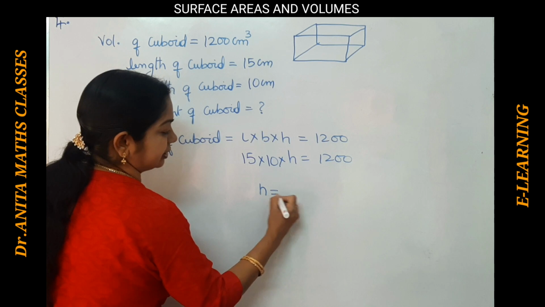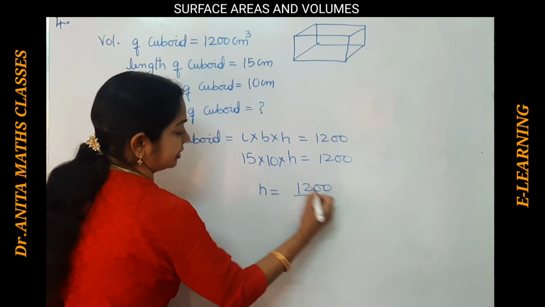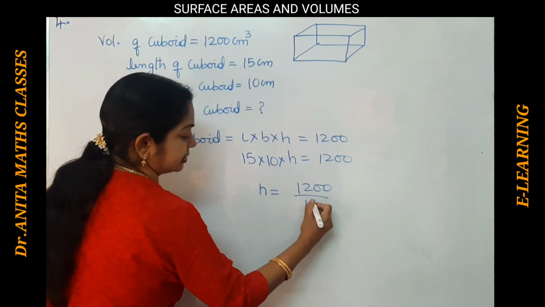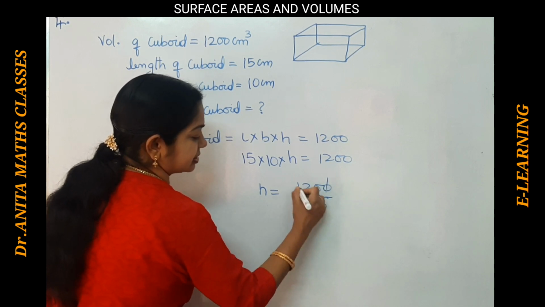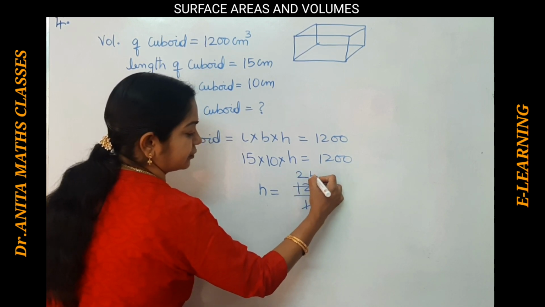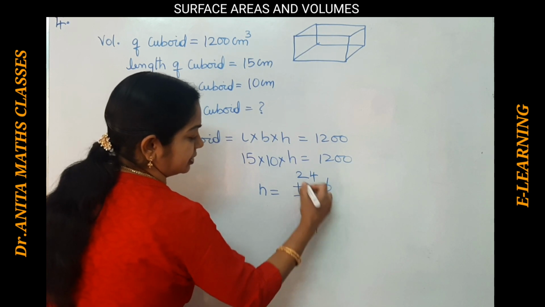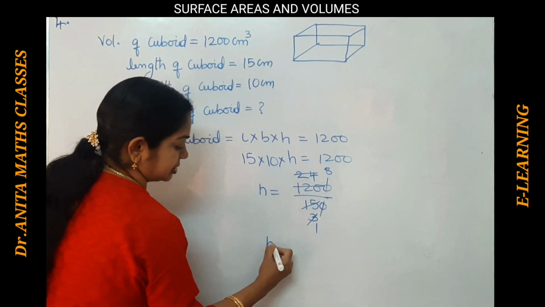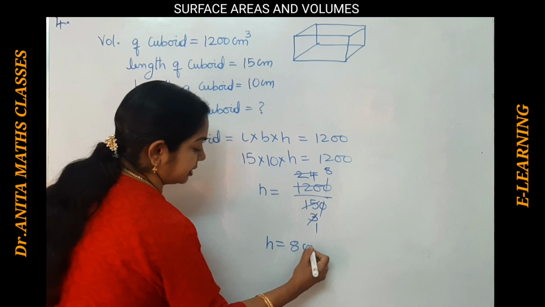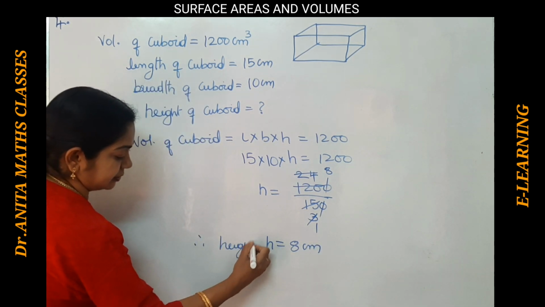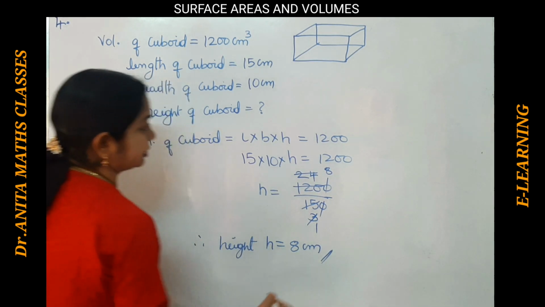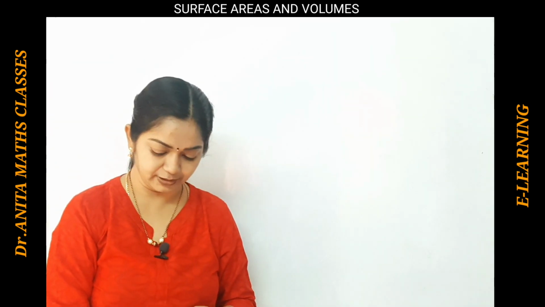So keep H this side, and send this 150 to the other side, so you can cancel off. 5 3s, 5 2s 10, 5 4s 20, 3 1s 3, 8s. So H is equal to 8 centimeters. Therefore height equals 8 centimeters. Please pause it and note the problem.